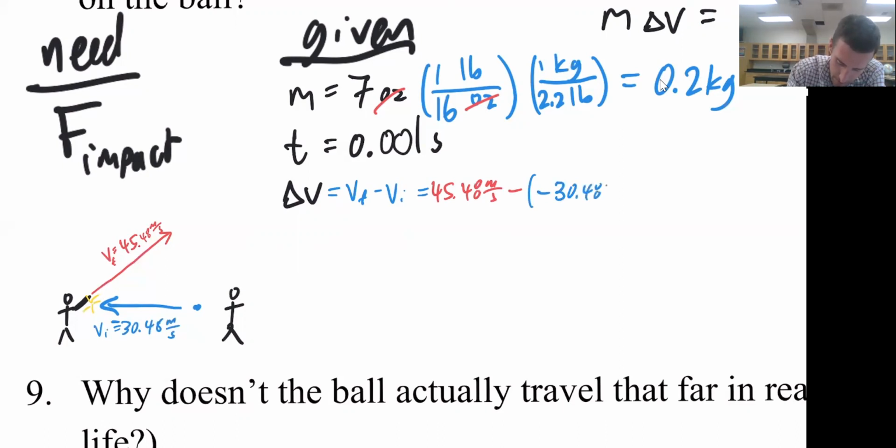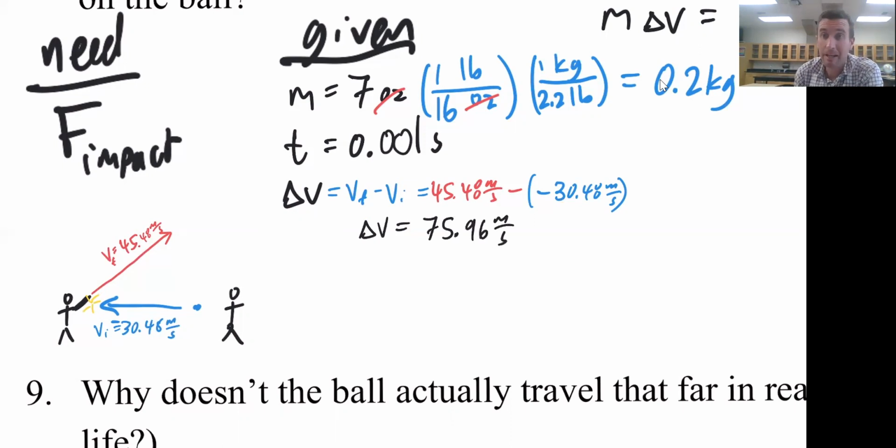30.48 meters per second. So the change of velocity is going to be 45 plus 30. Okay? So it'll be 45.48 plus 30.48 for a grand total of 75.96 meters per second.